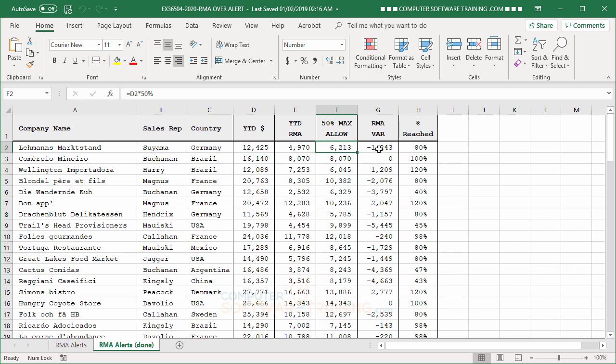We've taken their year-to-date returns, which in this case for Lehman's here are 49.70. They still have up to 62.13 that they can return. That's their limit. So they still have a little over $1,200 that they can still return to us.